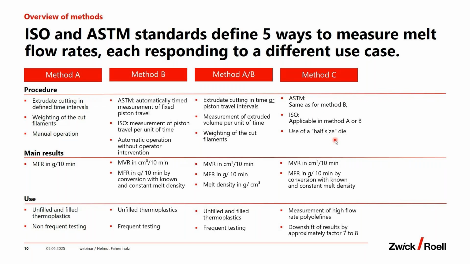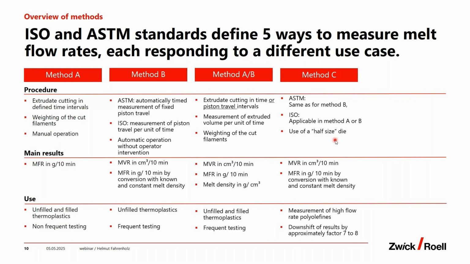So the half-size die is used if, for example, you want to measure very high melt flow rates, or let's say a material that shows a very high melt flow rate using a standard die. If you use this half-size die, these results will go down by a certain factor.